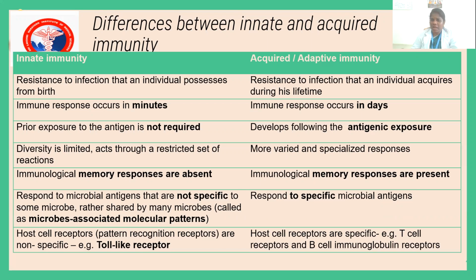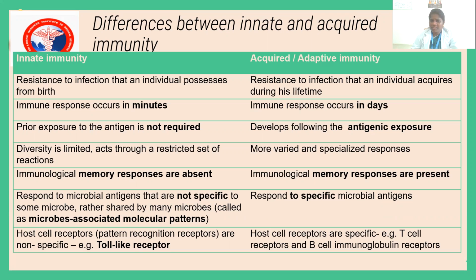But acquired or adaptive immunity takes some time. Innate immunity does not need prior antigenic exposure. Its diversity is limited: it reacts only to particular antigens and offers resistance, not against all antigens.